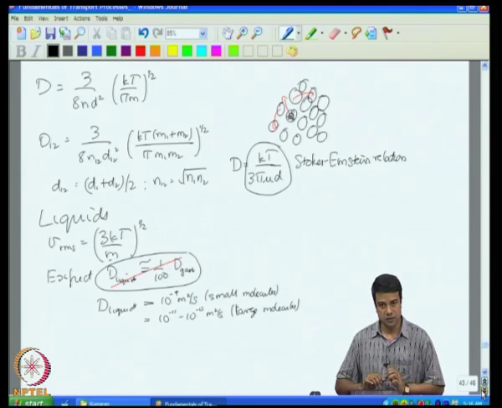The root mean square velocity is still given by the equipartition argument, so the root mean square velocities of the molecules at the same temperature in liquids and gases are the same, and therefore, you would simplistically say that the diffusion coefficient is about 10 to 100 times smaller.